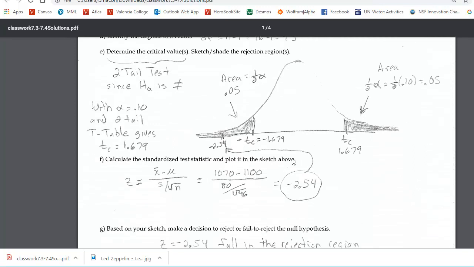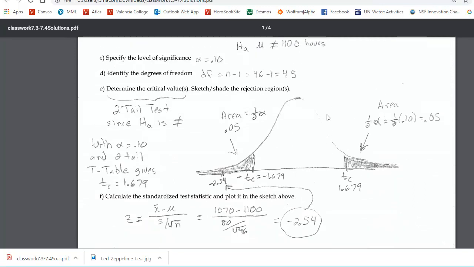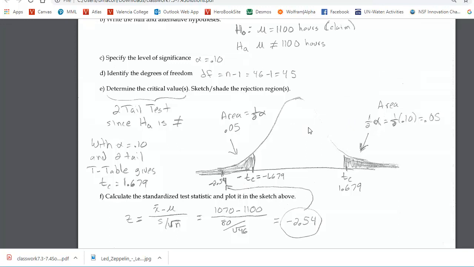If I come down to my picture for a second, I'm going to look at the area, or the probability, in both the right and the left tail. Typically in a textbook with these problems we use the rejection region approach.